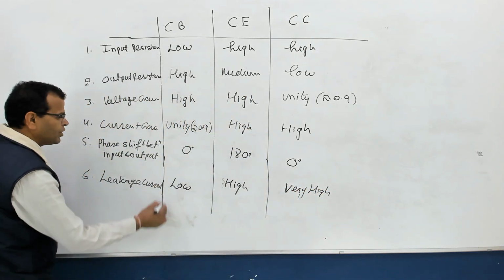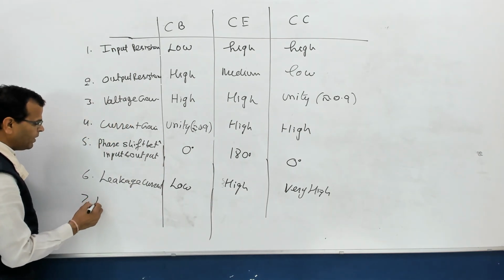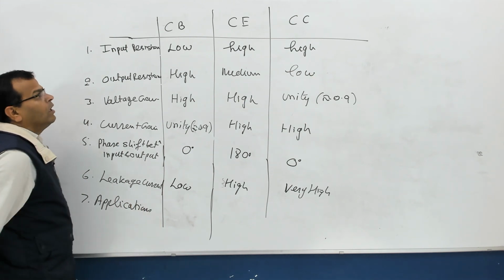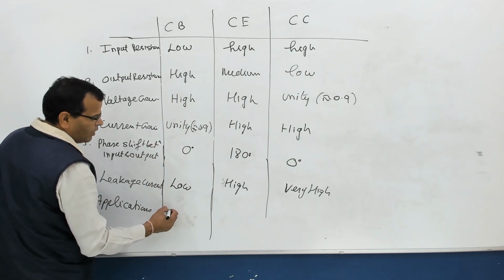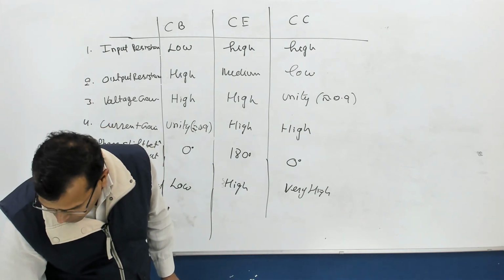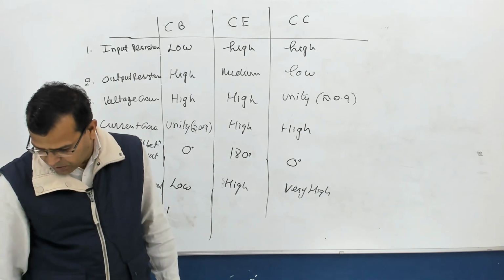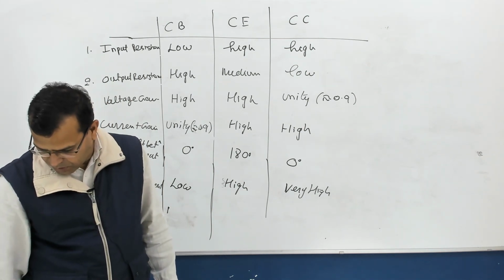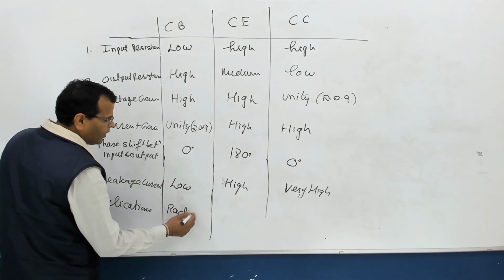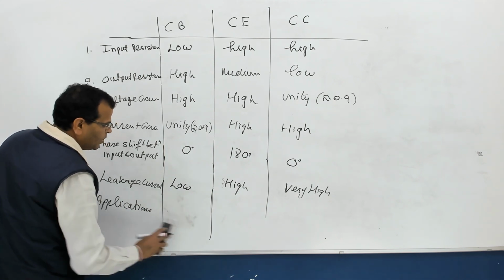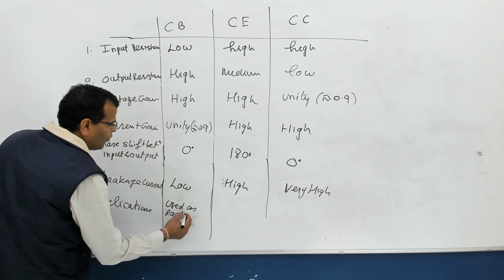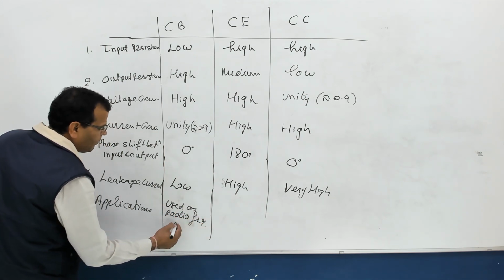Now applications. 7th, applications. Please do remember for engineering services point of view. It is used at radio frequency. Your common emitter configuration is used at audio frequency. So this is used as a radio frequency amplifier.